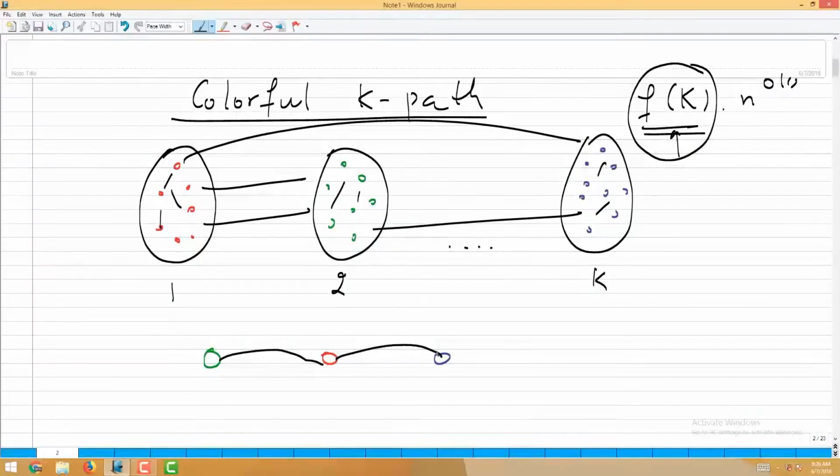So we spend k factorial time, and in this k factorial time we enumerate all possible orderings of these colors, and then for every possible ordering, we try to find out, is there a path in the graph that respects this ordering? So if I have the ordering green, red, blue, I am trying to find out, is there a path whose first vertex is green, second vertex is red, and third vertex is blue, right?